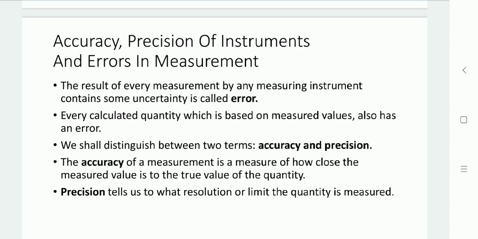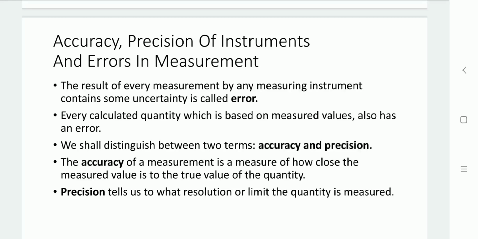And precision defines the resolution or limit of the quantity that we are going to measure. This precision or resolution we can define by how many digits we consider after the decimal point.